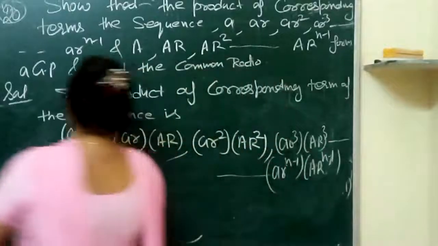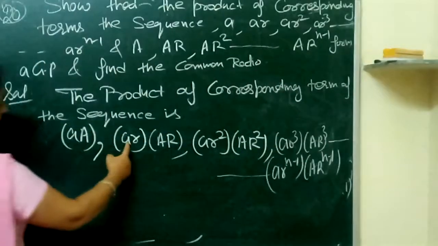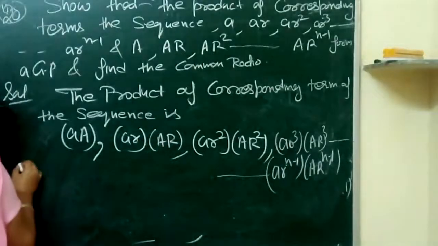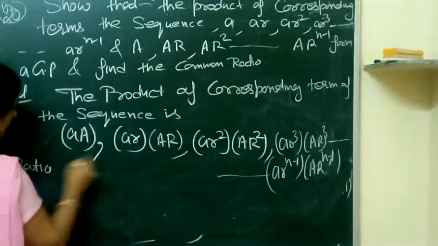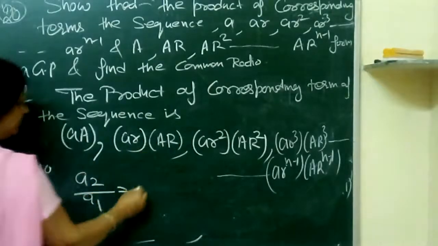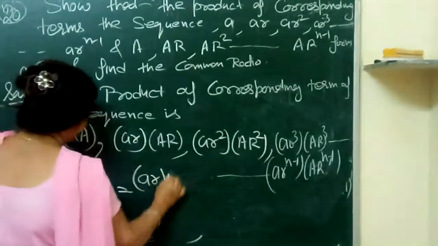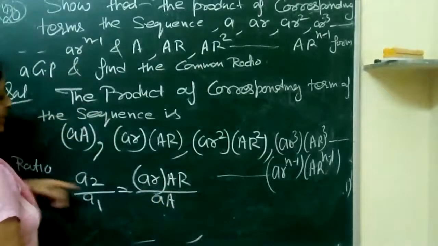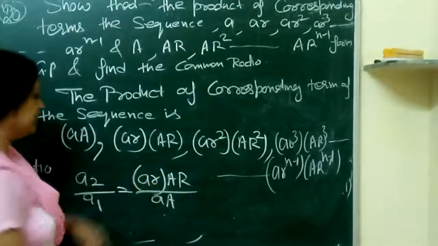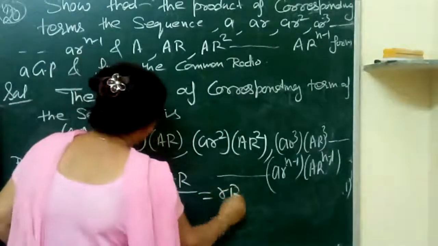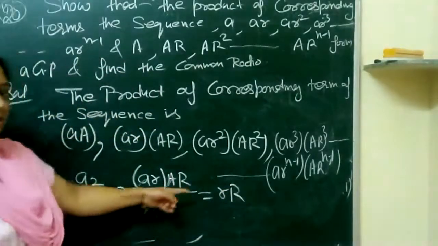So it will come A into A, r into R. So the ratio is required. Here second term divided by first term, then it will come ar into AR upon A into A. Small a and capital A will cancel, A into A cancels, leaving r into R. This is the ratio.